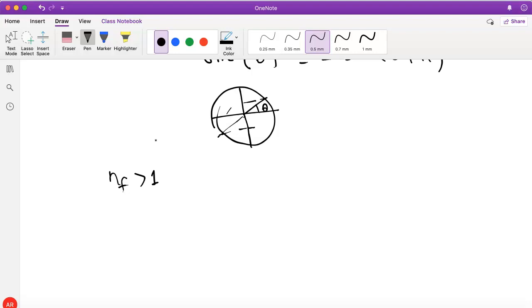And remember, n is the speed of light in vacuum divided by the speed of light in the medium. So if the speed of light in the medium goes down, which it has to, then n is larger than 1.